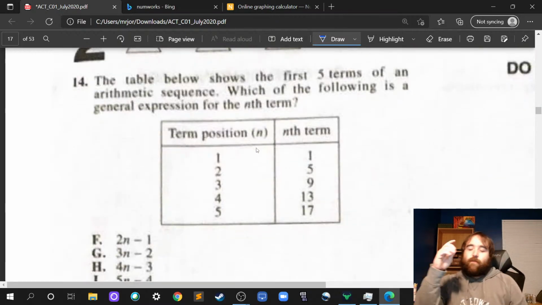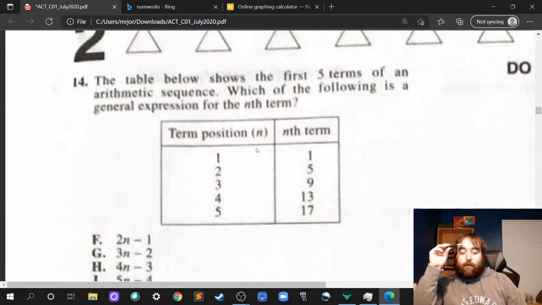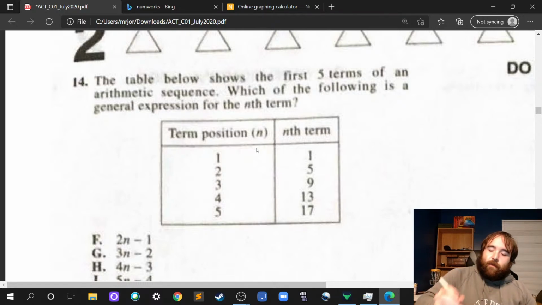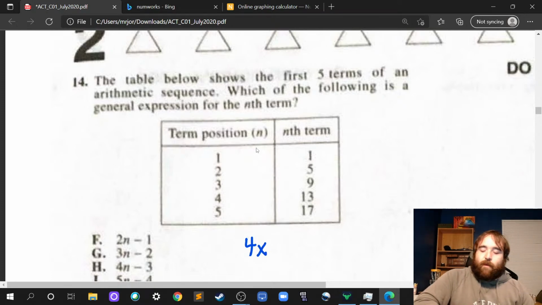The table below shows the first 5 terms of an arithmetic sequence. Which of the following is a general expression for the nth term? Ooh. So it's adding 4 every time. So the way I like to think about it then is like 4 is the slope, and I'm going to multiply that by x, the number of terms. And I need it to be so that it's 1.